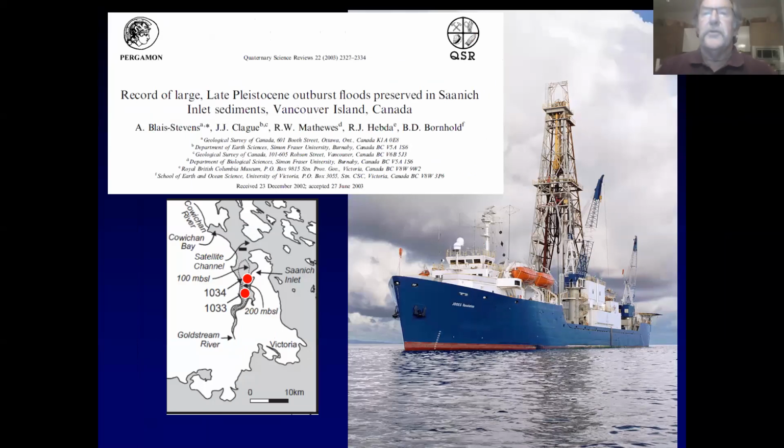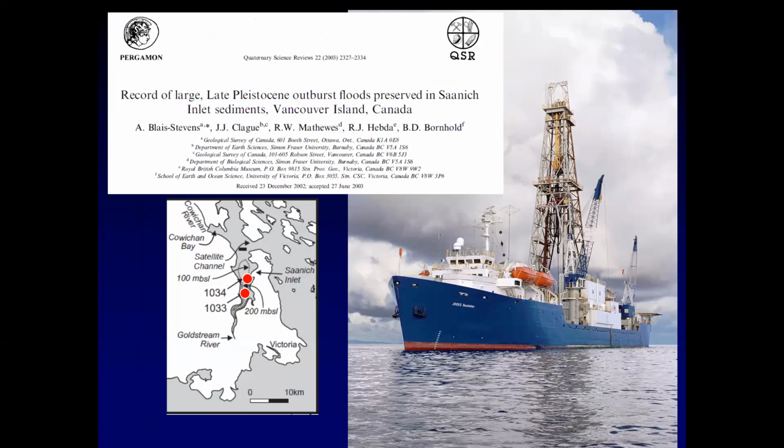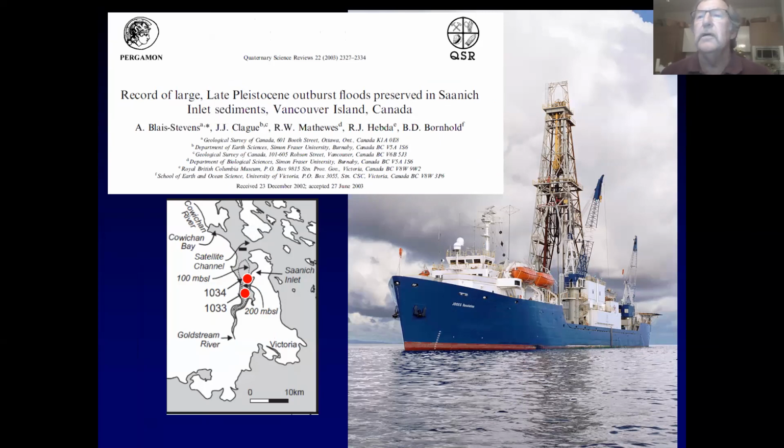Okay. So Saanich Inlet indents southern Vancouver Island. And the ODP ship, the Joides Resolution, acquired a series of cores from two sites, site 1033 and 1034, which are located in the map at the lower left.